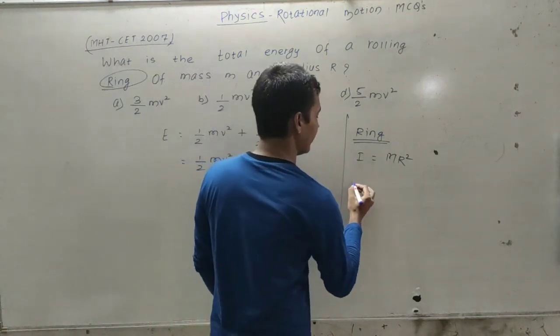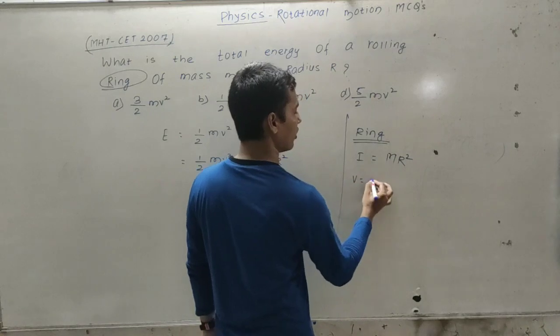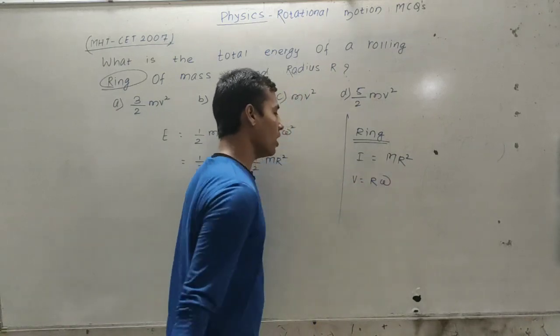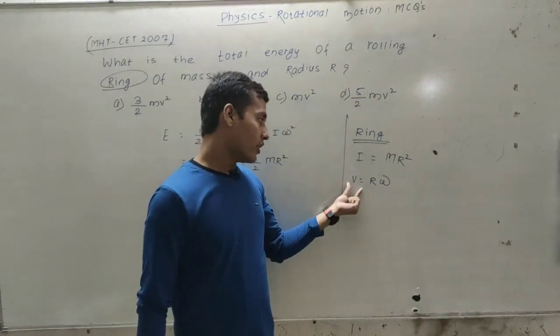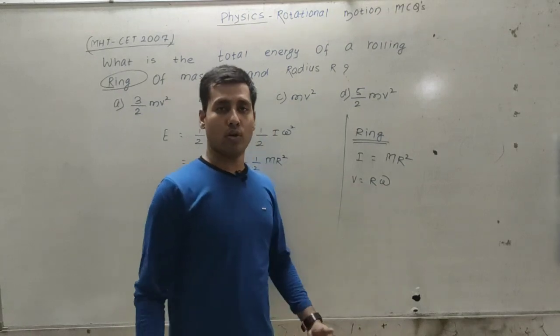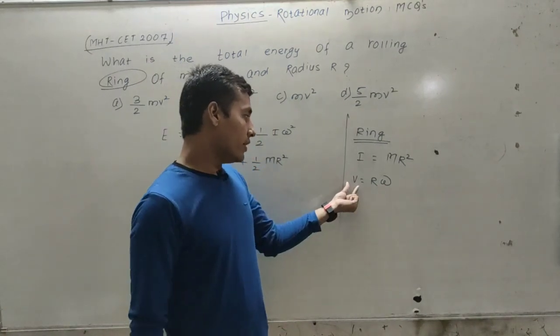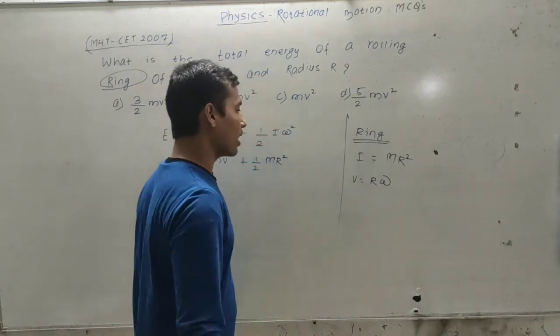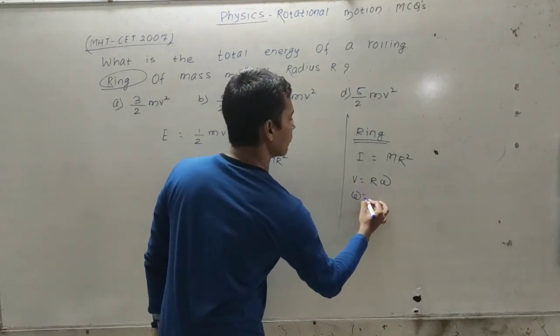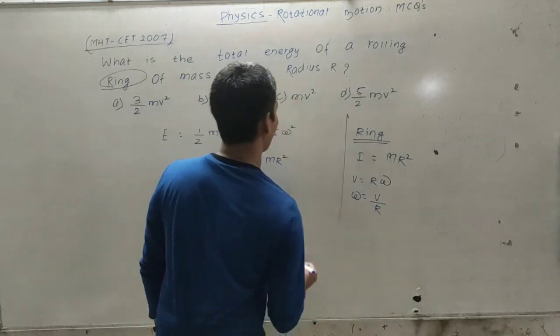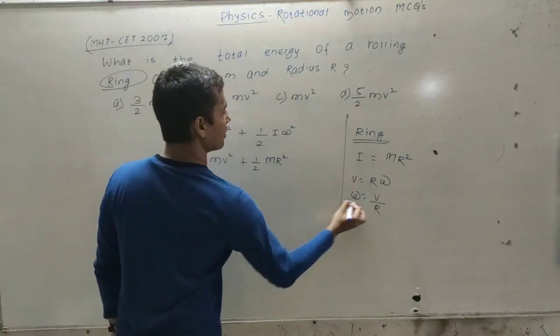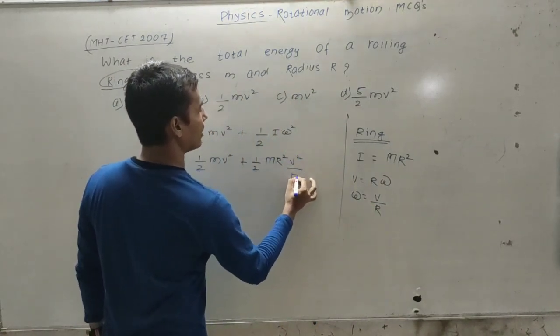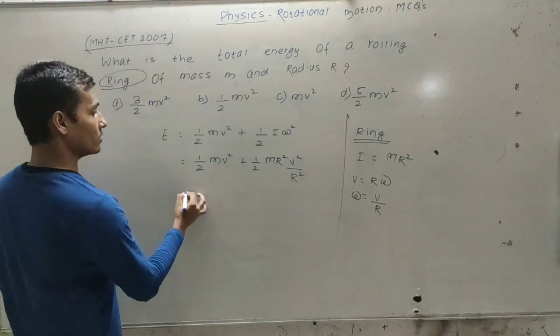The relation between linear velocity and angular velocity is v is equal to r omega, where v is the linear velocity and omega is the angular velocity. Therefore, omega is equal to v by r. So, omega square is equal to v square by r square.